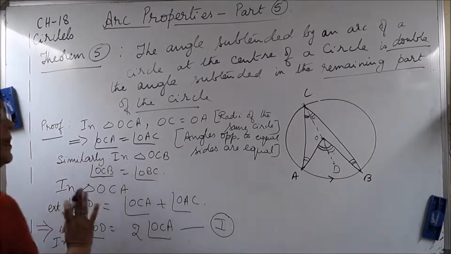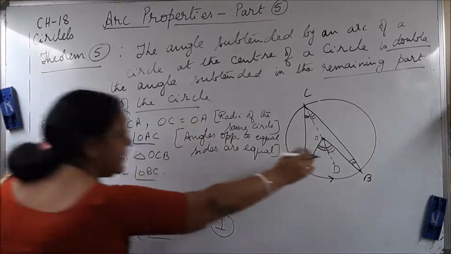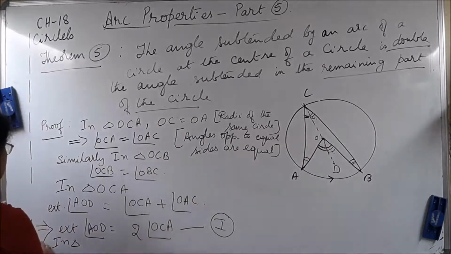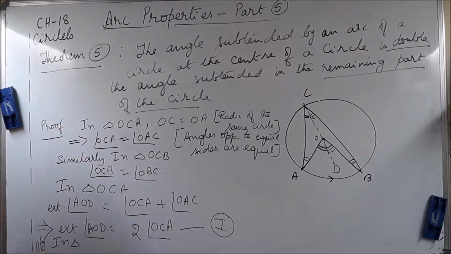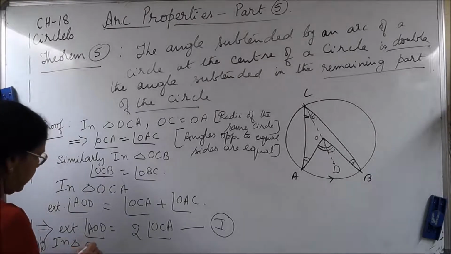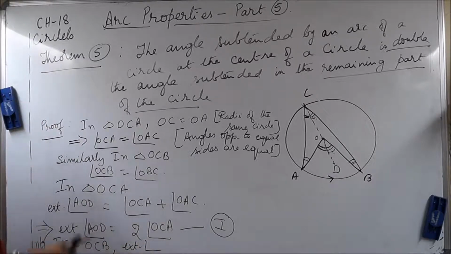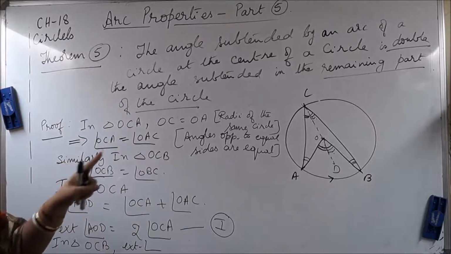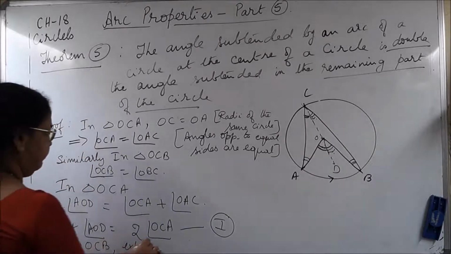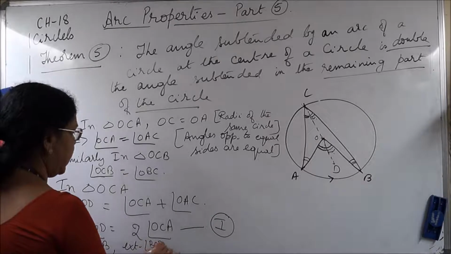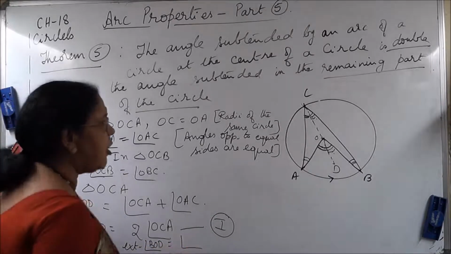Similarly, in triangle OCB, exterior angle BOD is equal to the sum of the interior opposite angles.